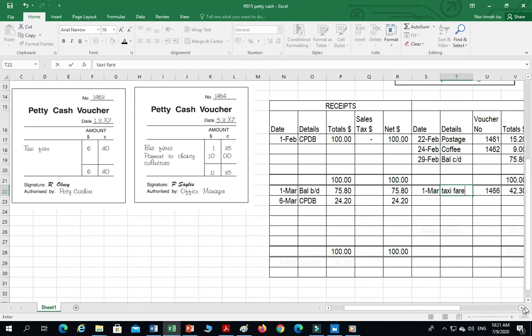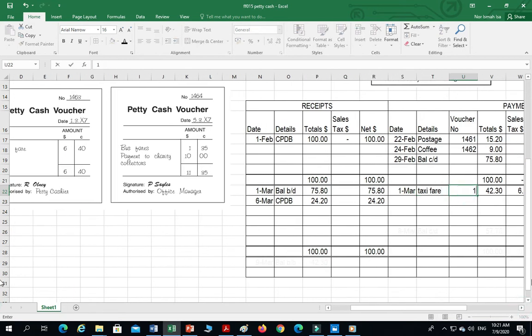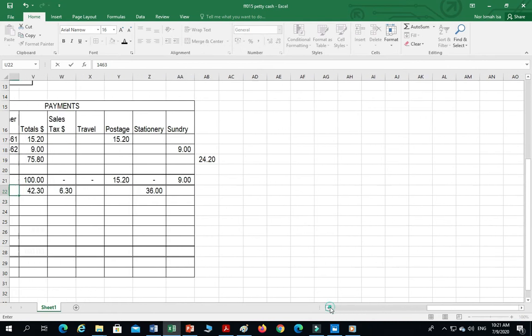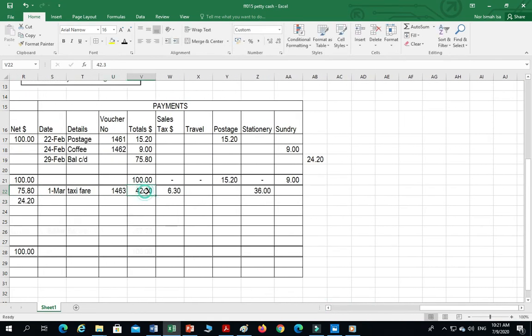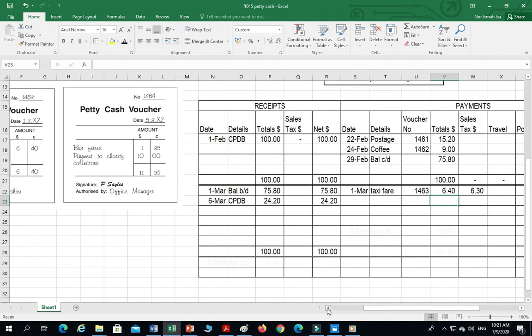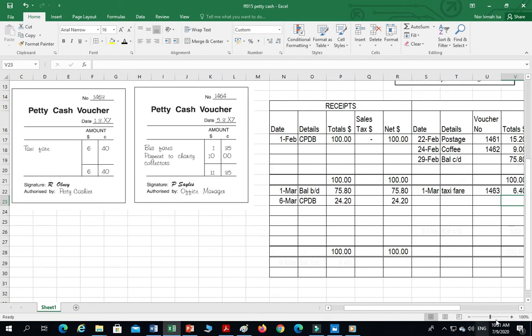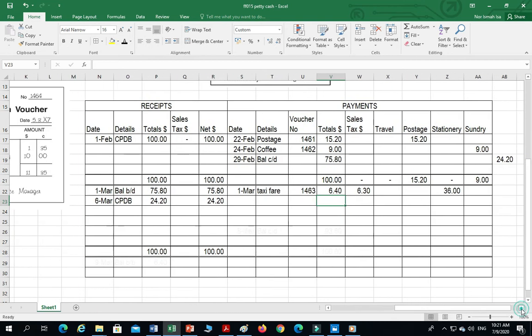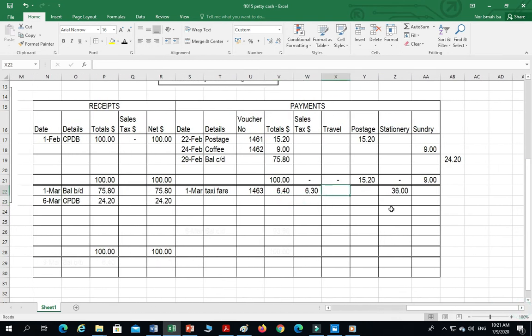The voucher is 1463. The amount is 6.40. So we put this amount under travel.